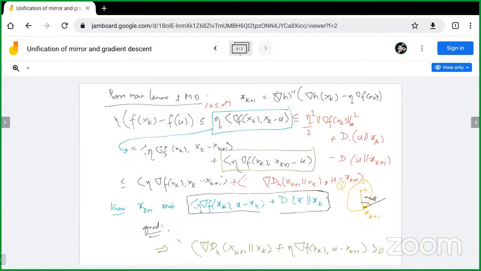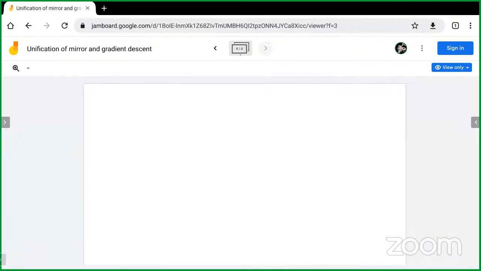Cool. Okay, so now, what do we know about the Bregman divergence, right? So we have seen this triangle inequality, so let's try to use that now. So we had, okay, let's copy the thing from the previous slide.